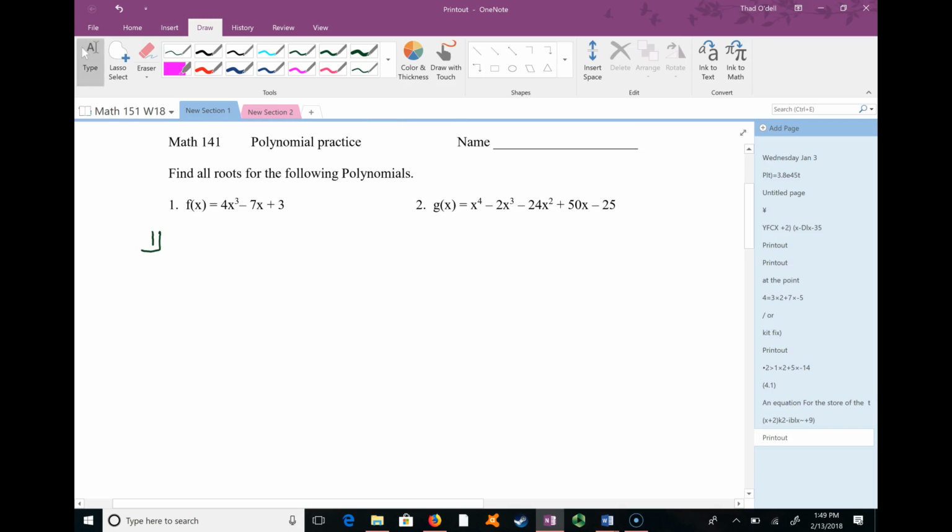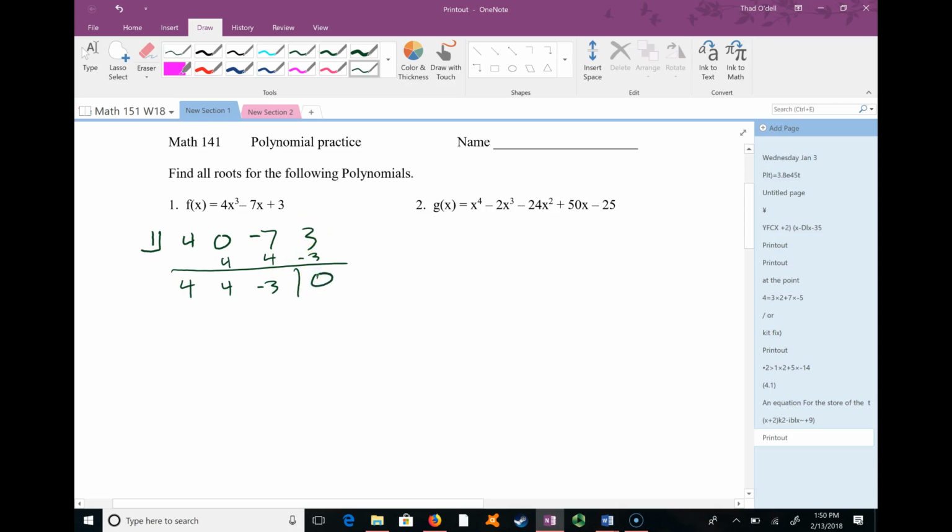And I'm going to set up my 4, and I'm going to put a 0 here because there's no x squared, -7 and 3. Okay, so then I'm going to run synthetic division. Bring down the 4, 1 times 4 is 4, 4 plus 0 is 4, 1 times 4 is 4, 4 plus -7 is -3, 1 times -3 is -3, -3 plus 3 is 0.